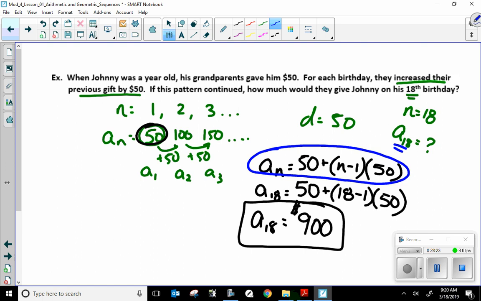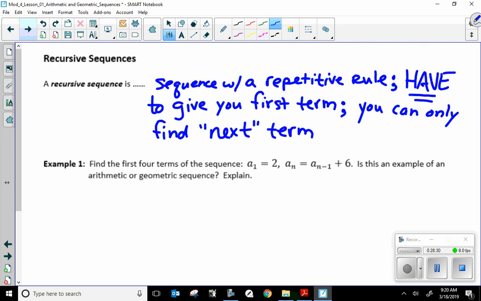I didn't need to know A17 to find A18. That's explicit. Recursive, I can only find the next term. I can only find A18 if I have A17, and they have to give you that term, A17. On the final, for multiple choice, they have to give you a term, and it's typically the first term. I have some sample problems that we can look at in a minute.